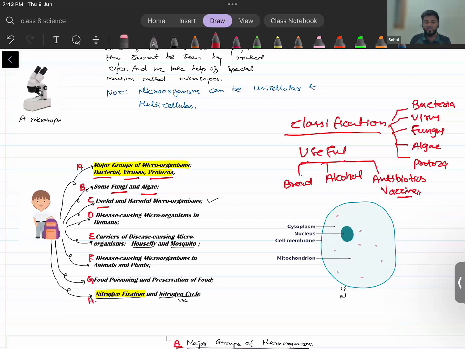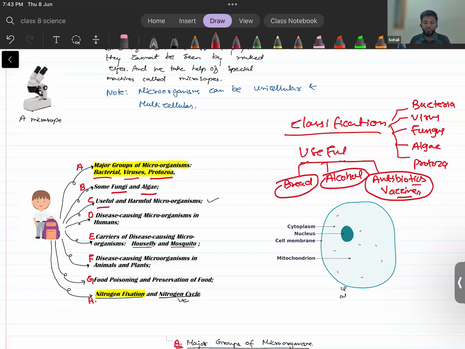The vaccines are also made up of microorganisms. Antibiotics are also made up of microorganisms. So these were some of the utility of bacteria in our day-to-day life. Okay, so we discussed that as well.